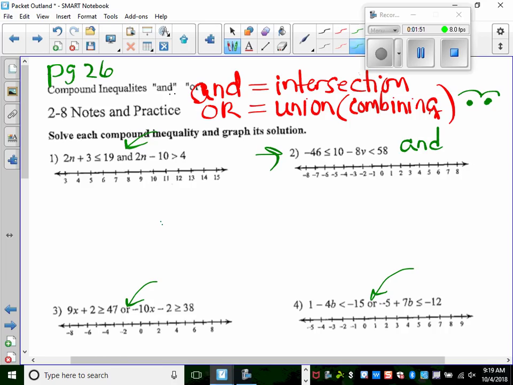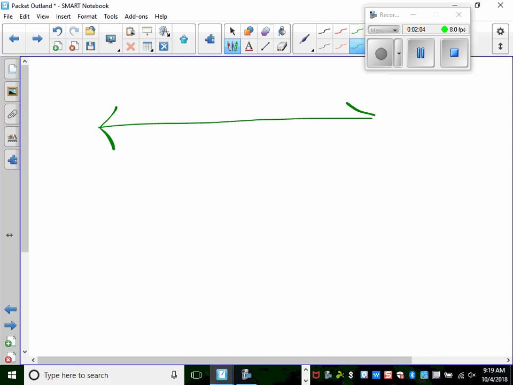All right, so let's take a look at the first one. This is an "and" statement, and basically means this. Let me just give you a visual. If we're graphing two different inequalities, let's say we graph one inequality at 1, and then we graph the second one, let's say that's at 4, but it's going in the opposite direction.